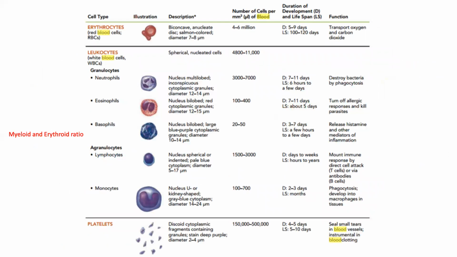I believe this is an important table, showing RBC, red blood cell, WBCs, the white blood cells, and platelets. Looking at the lifespan, LS, it is 100 to 120 days for RBC. There are no other cells which live that long.